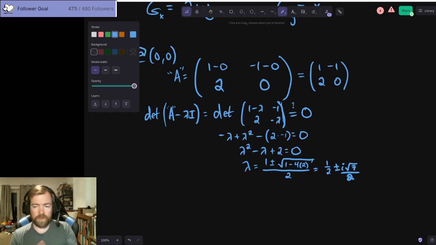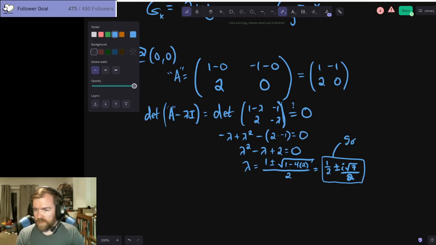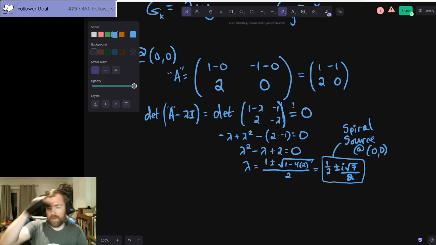Okay, so good news. The real portion of this is positive, which is going to cause the solutions to flow out of our origin point. So we do have, in this case, a source. And it is going to be a spiral because we do have an imaginary portion.